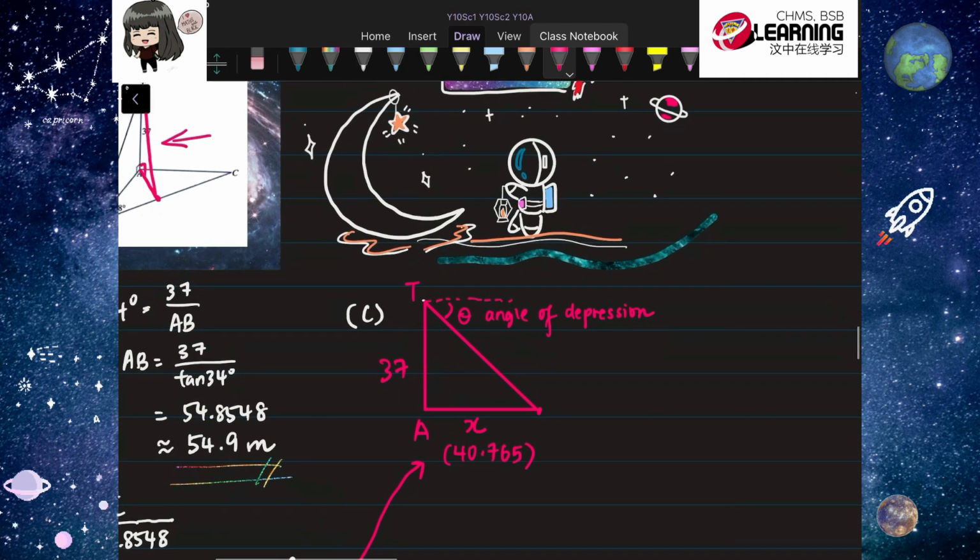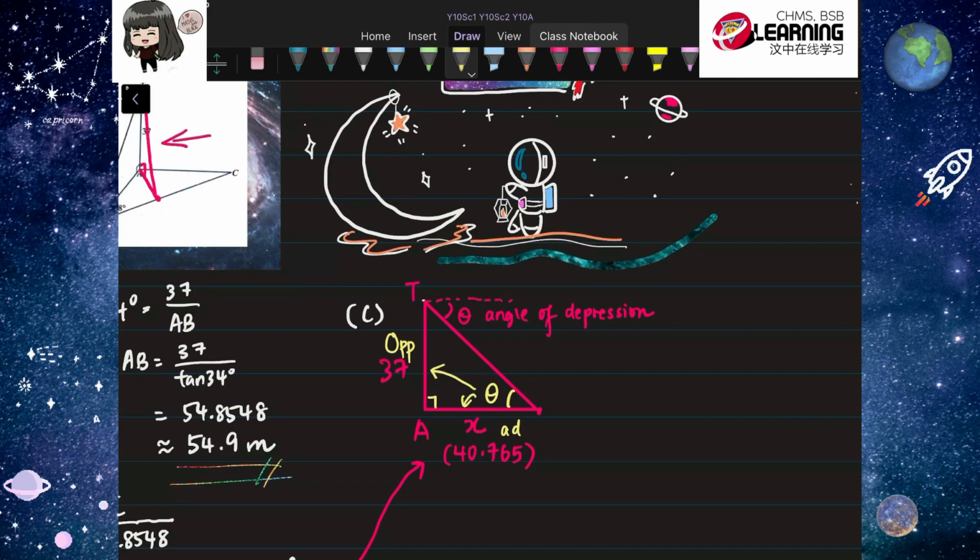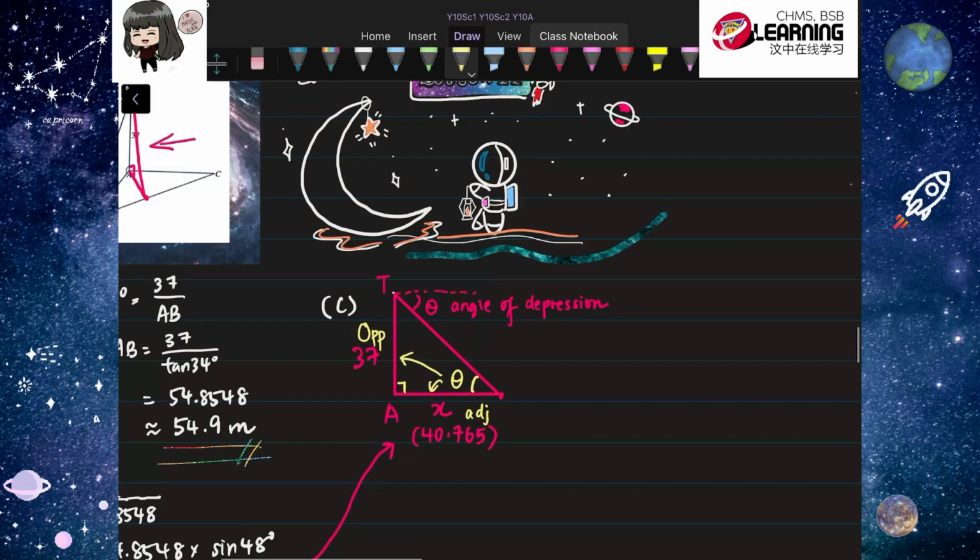So to find this angle of depression, you look at this. This is a 90 degree, right? And then it forms an alternate angle here, which is also the same as your angle of depression. So here is also the same angle. To find that, this is a 90 degree, this is the opposite, this is your adjacent, so you can use SOHCAHTOA.